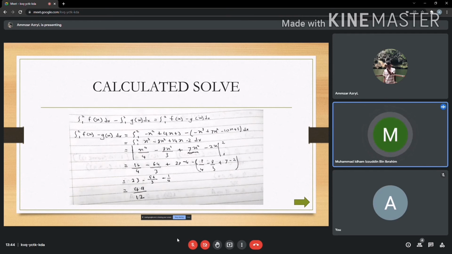So we enter the value 2 and then enter the value 1. So we subtract these, and the final answer we will get is 49 over 12. Next.